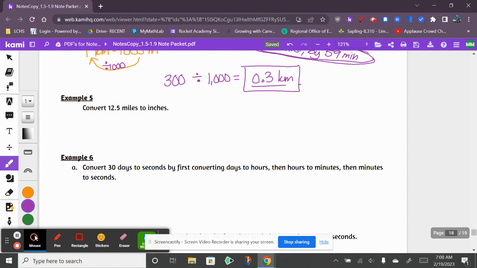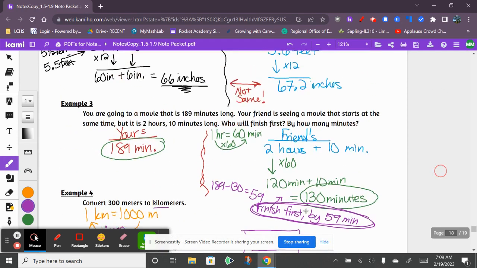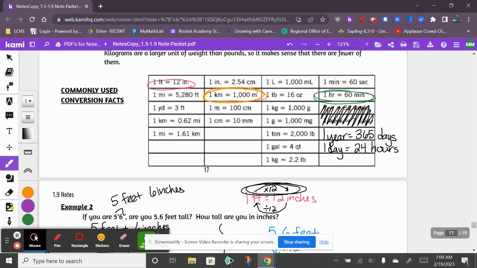Example 5, convert 12.5 miles to inches. So we want to look for a fact that has miles and inches. Unfortunately, this one is going to be slightly trickier because we do not have a fact that has miles and inches.